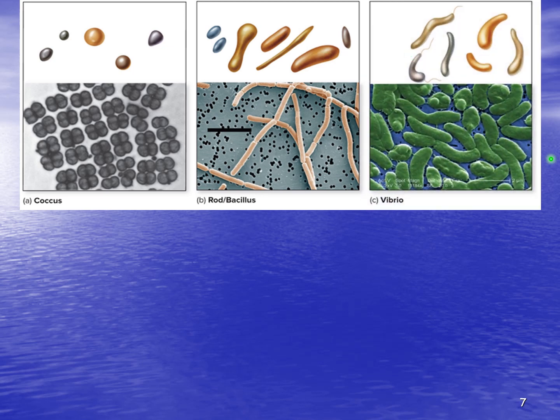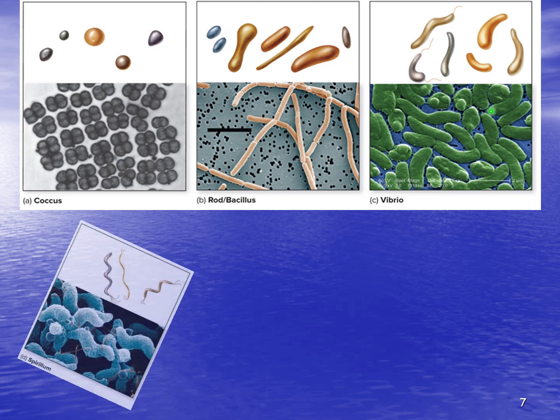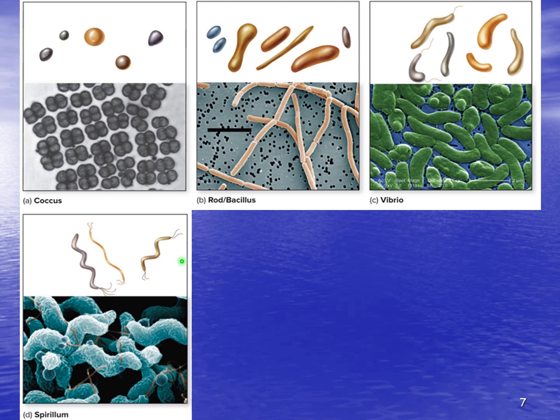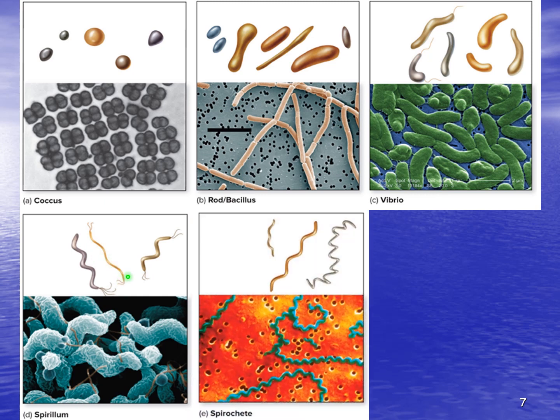The vibrio of the spiral organisms, hopefully you can see they've got a little comma shape to them. The spirillums, fairly elongated, and again about 3 to 5 twists along the long axis. And then those spirochetes that are highly twisted organisms.